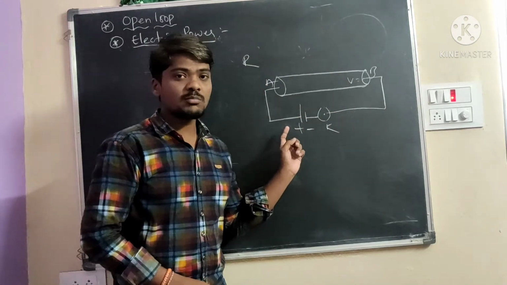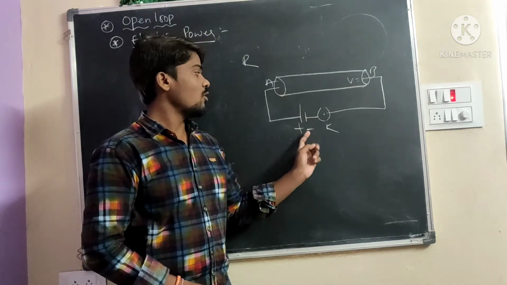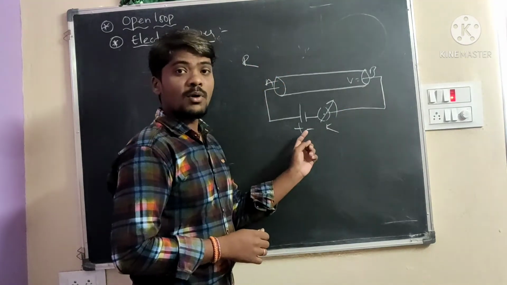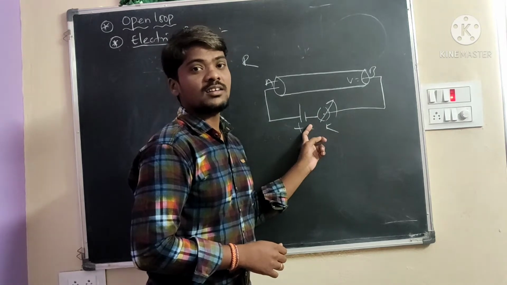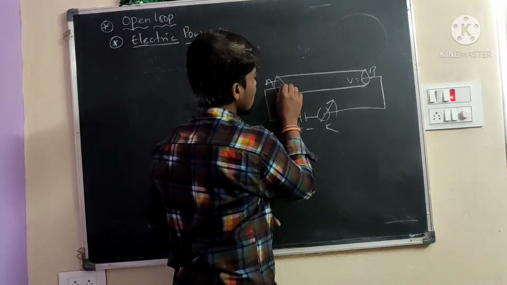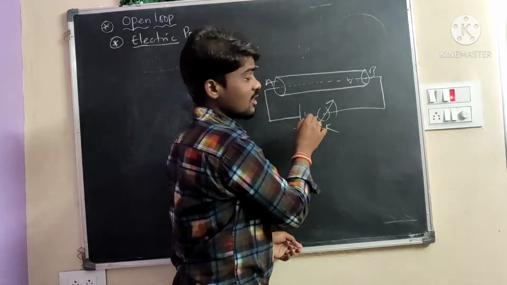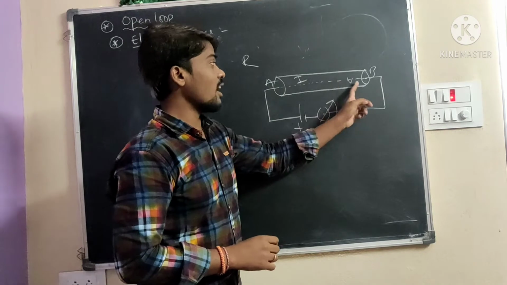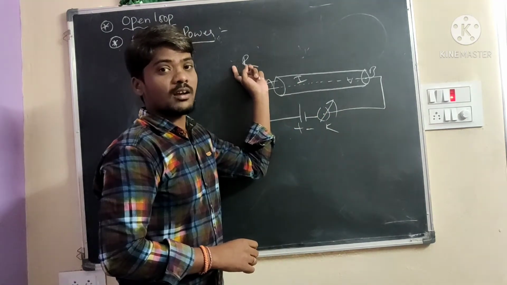The battery has two terminals, a positive terminal and a negative terminal. Here the switch is closed. The current passes from the positive terminal of the battery to the negative terminal, through the conductor. The current is I, and the conductor has resistance capital R.